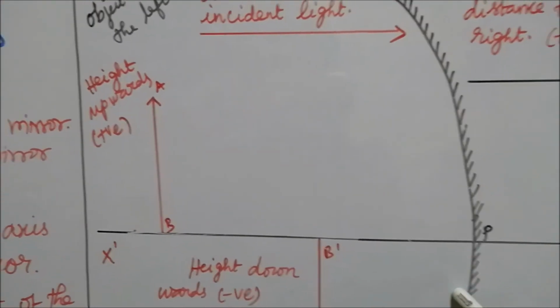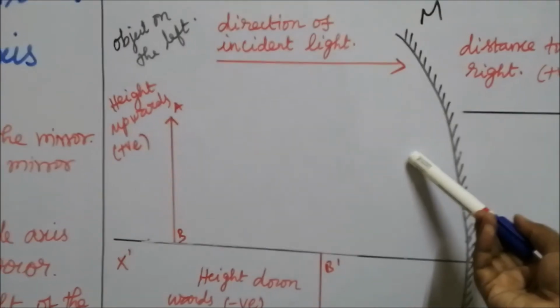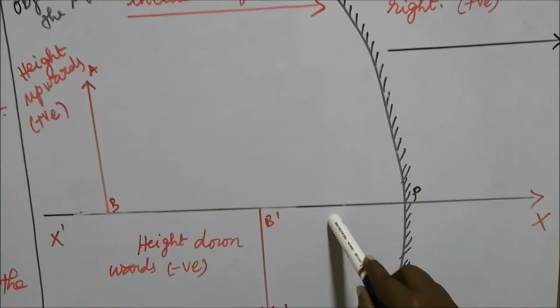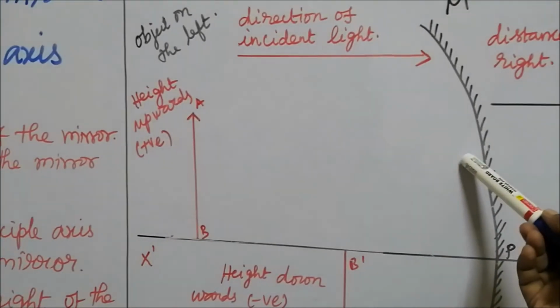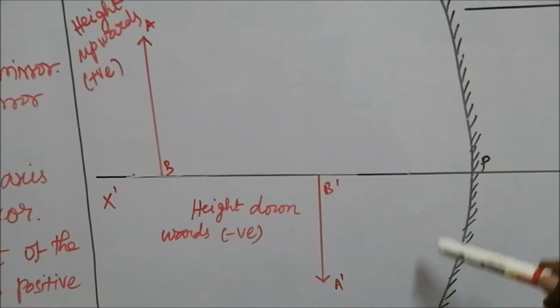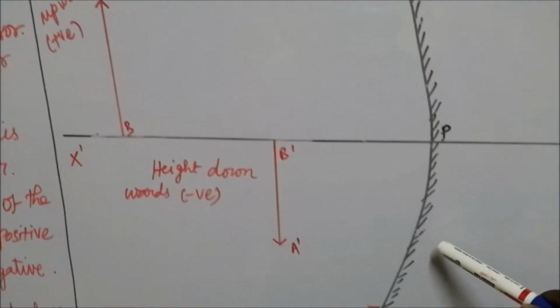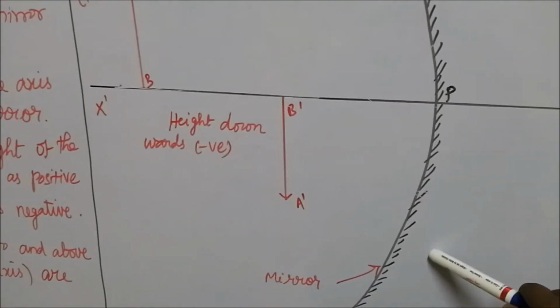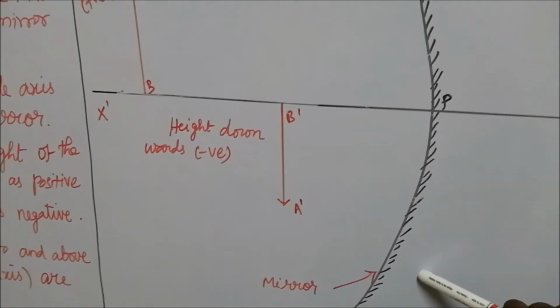Likewise, the distance perpendicular to the pole or above the pole is always taken as positive, and the distance measured perpendicular to the pole or below the pole is always taken as negative.